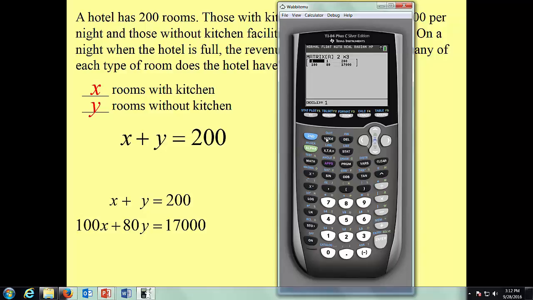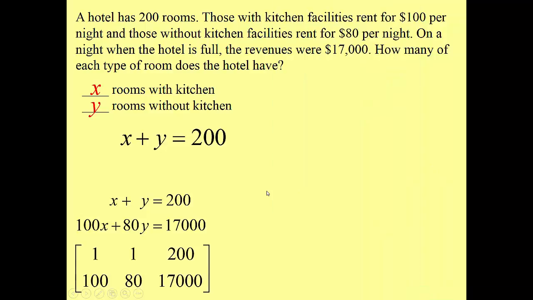Second, quit. Now, since the RREF on matrix A is the last thing I typed, all I need to do is just press enter and it'll do that again, only this time with the new matrix. And so x equals 50 and y equals 150.